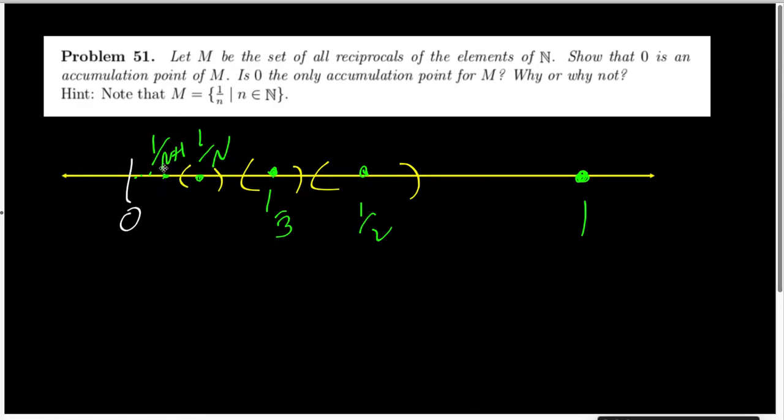But this informal idea is not enough to show that no other element is an accumulation point for the set M. So while I have an intuitive idea that 0 is the only accumulation point, I need to formally show it. So on the next page, I want to line up what we're trying to do and get a strategy for accomplishing it.